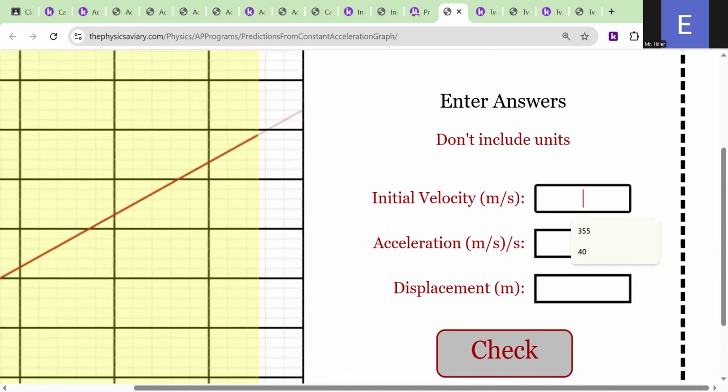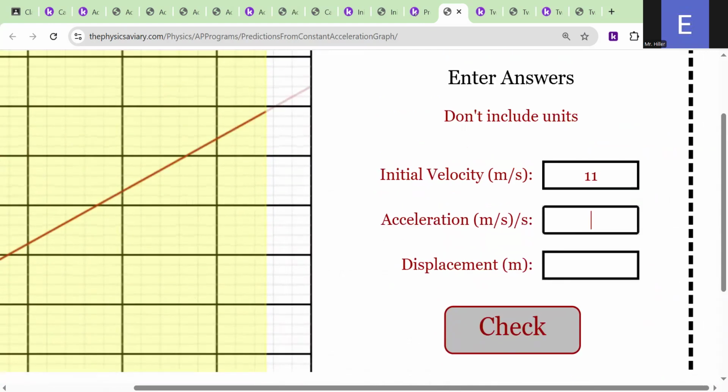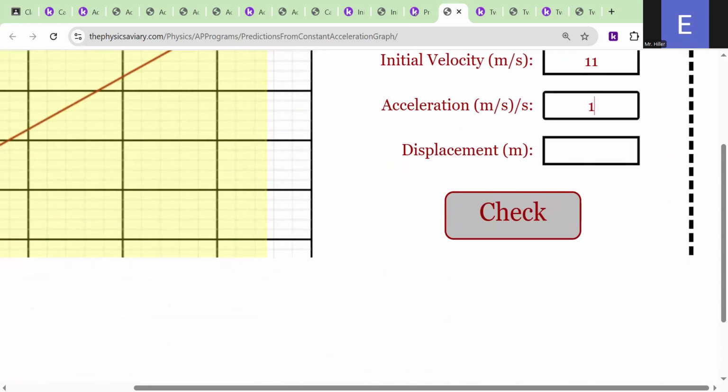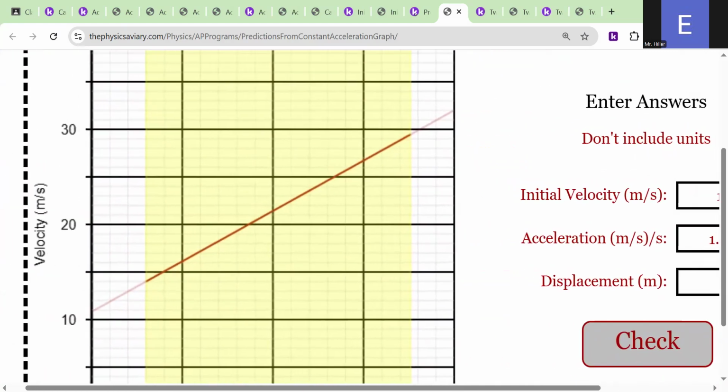Okay, so my initial velocity was 11. My acceleration was about 1.05. And my displacement, now to find the displacement, I have to figure out the time because we have to find the displacement for only the shaded region.